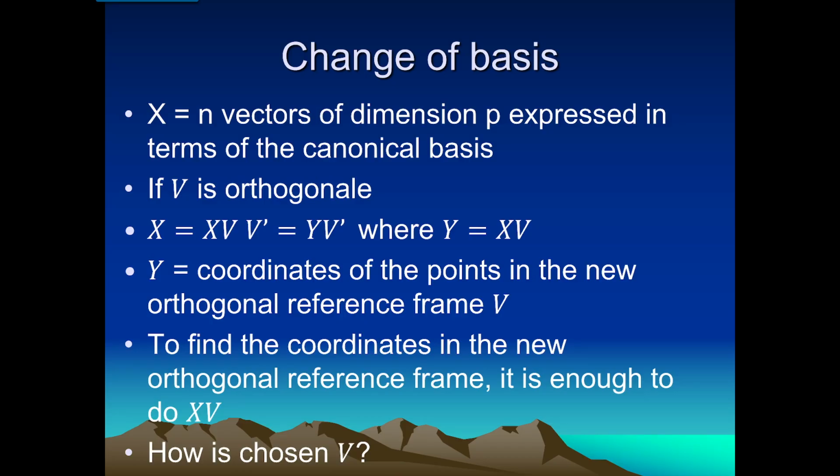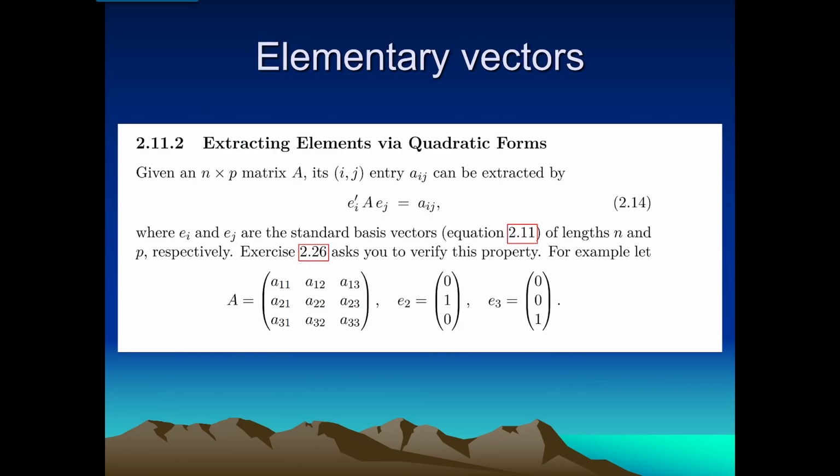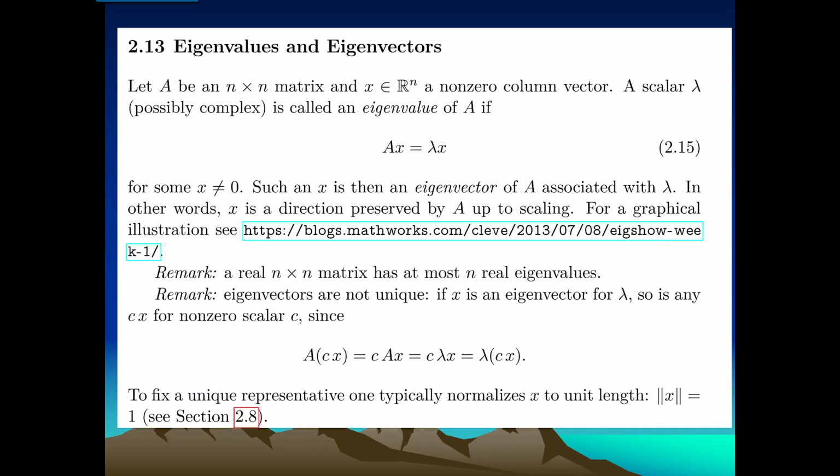When you do the multiplication of two matrices, you change the basis. You go from one reference system to another reference system. In practice, you see, this is matrix multiplication: you change your basis vectors. And how is this new orthogonal system chosen? This is something that we are about to see.